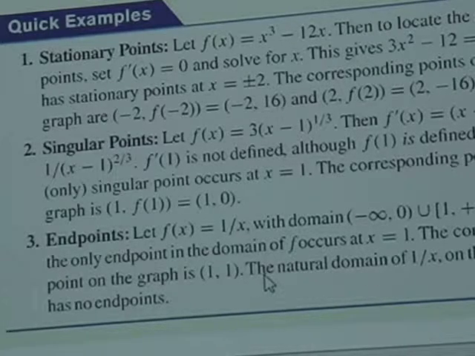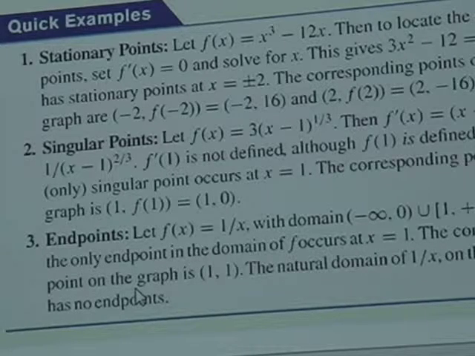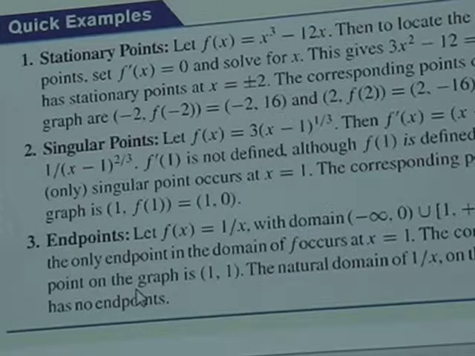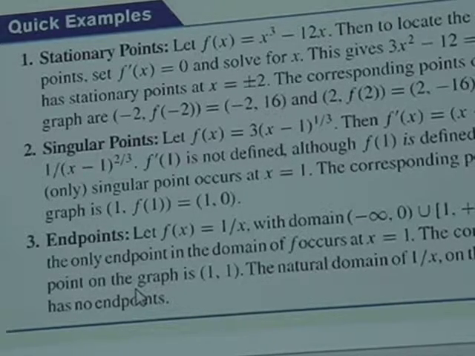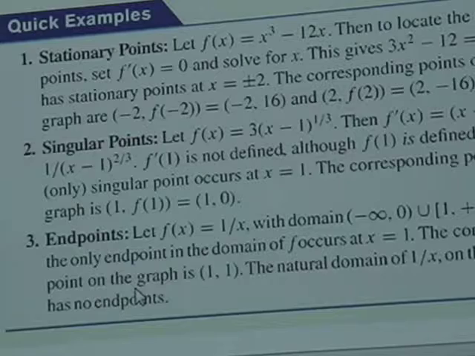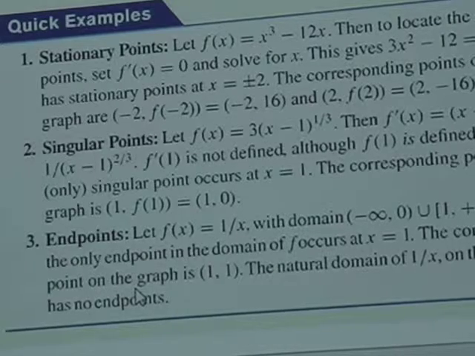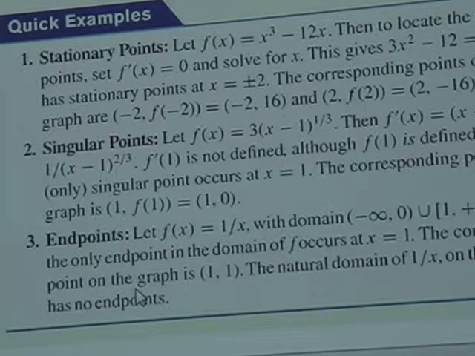The natural domain of 1 over x, on the other hand, has no endpoints. That's the first domain I gave you, the one at the top. That domain is called the natural domain. The natural domain means the biggest possible domain we could have. I said we can't have any bigger domain than that. We can restrict the domain starting from there.